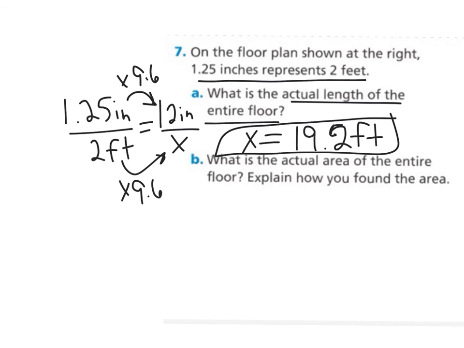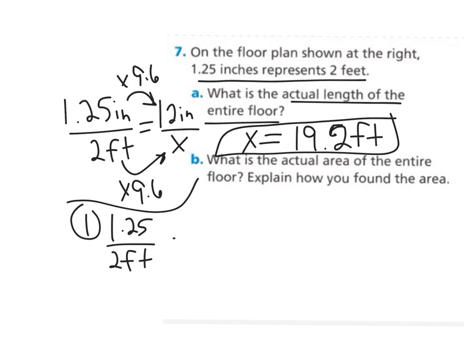And then part B asks what the actual area is. In order to do that, first we would have to figure out what the actual width is. So on the picture, the width is what altogether? The width is 10. Again, this doesn't look real great, but this is actually multiplying by 8.